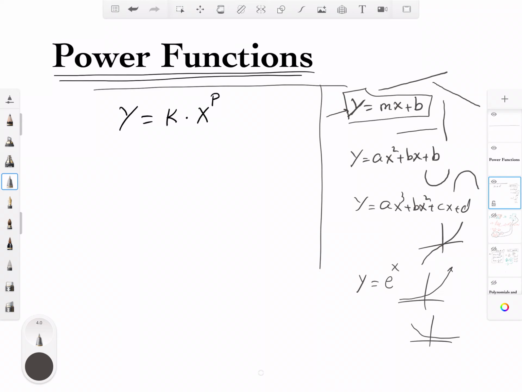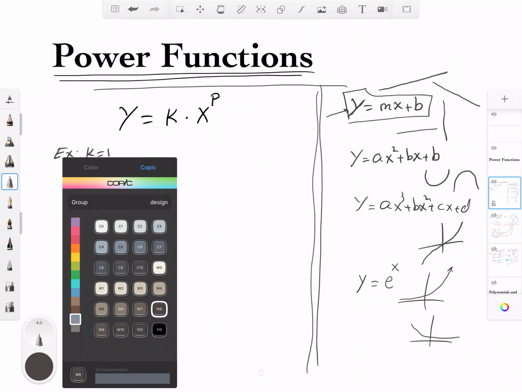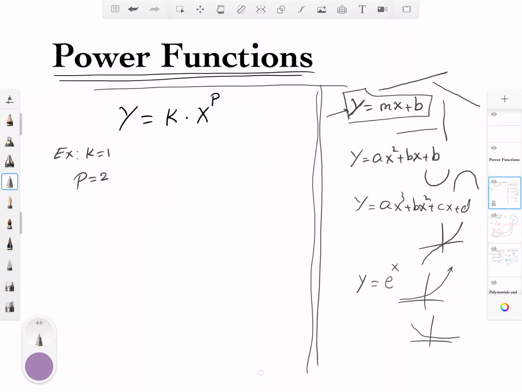So this was a review, but for the power function, we don't have a unique graph. For example, say k equals 1 and p equals 2, we get y equals x squared. If p equals 3, we have y equals x cubed. When p equals 4, we have y equals x to the power of 4.